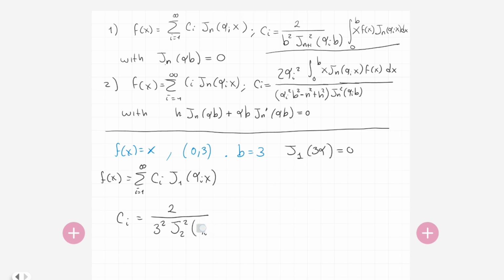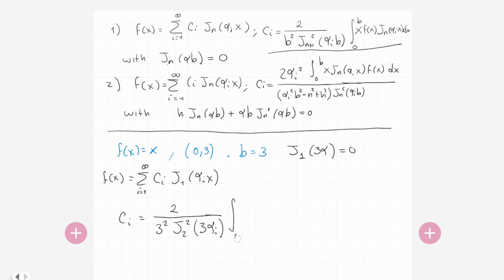But b is equal to 3, so we will have 3 alpha_i here. And then the integral from 0 to 3 of x times f of x, but f of x is equal to x, so we will get an x squared here, and then J_1 of alpha_i x dx.